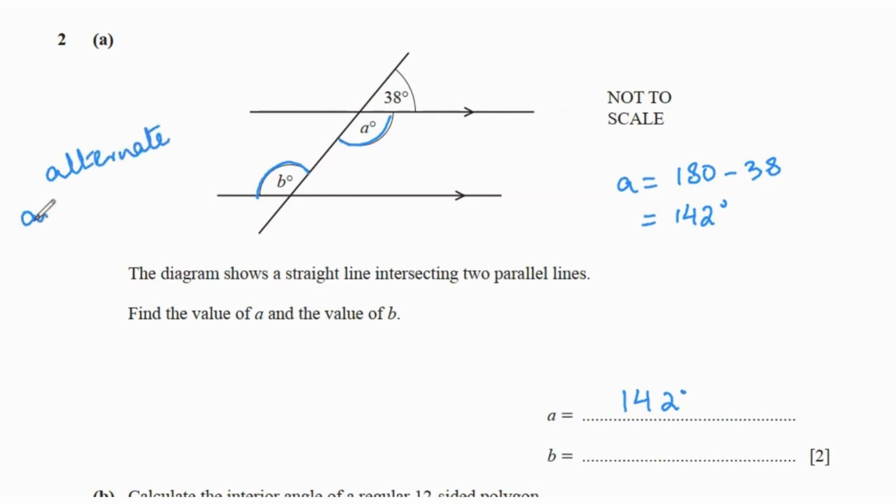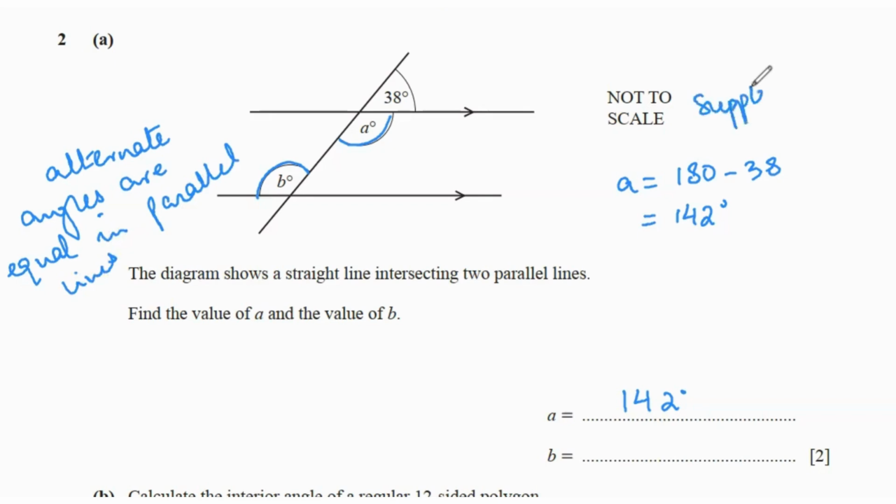Alternate angles are equal in parallel lines. This was supplementary angles. So alternate angles are equal in parallel lines, which means B is also going to be 142 degrees.